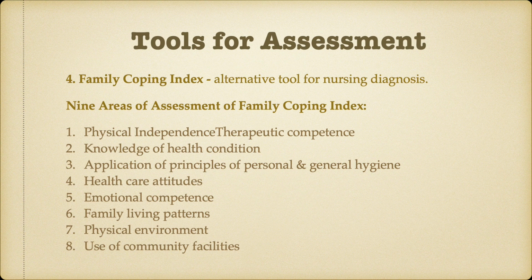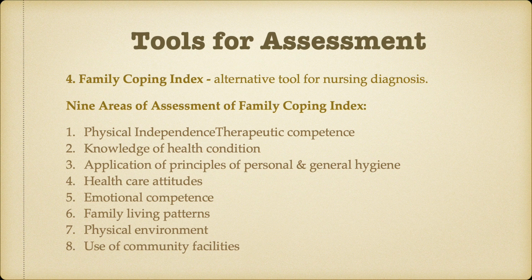And this emotional competence may be observed in behaviors such as how the family members deal with daily challenges, their ability to sacrifice and think of others, and acceptance of responsibility. The number 7 is family living patterns, which refer to interpersonal relationships among family members, management of family finances, and the type of discipline in the home.